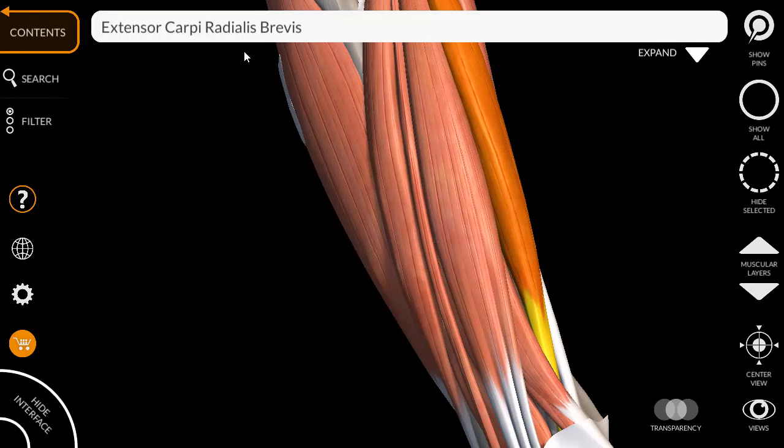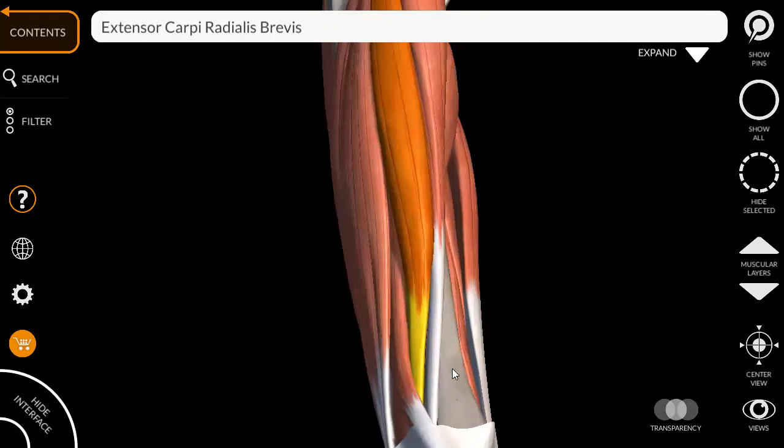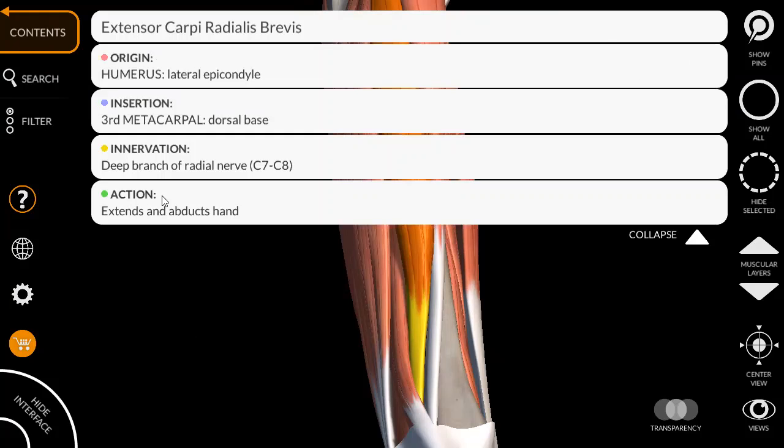Extensor carpi radialis brevis. This one is near the radius, that is why it is called extensor carpi radialis. What it does is extend and abduct the hand. It looks kind of simple, and it originates and inserts at these tuberosities and epicondyles.